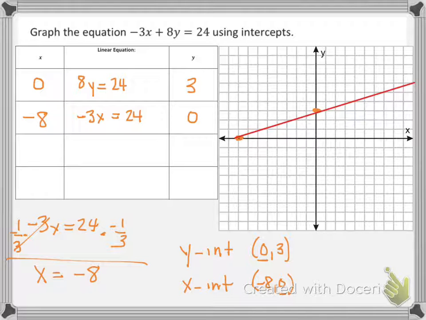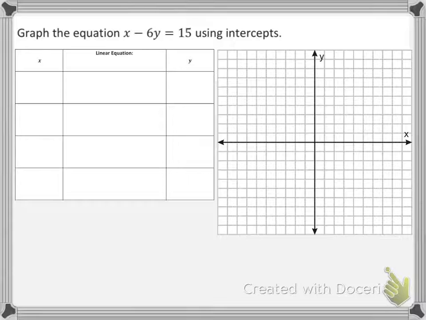All right, let's do another one of those. This time the equation is x minus 6y equals 15, so I'm going to make x 0. That gives me negative 6y equals 15. And let me solve that down here. Negative 6y equals 15. Multiply both sides by negative 1/6.